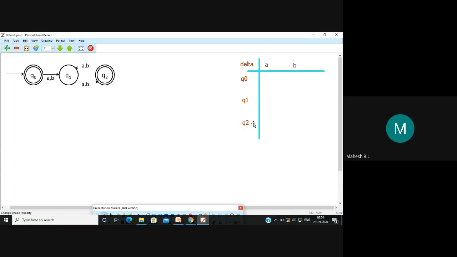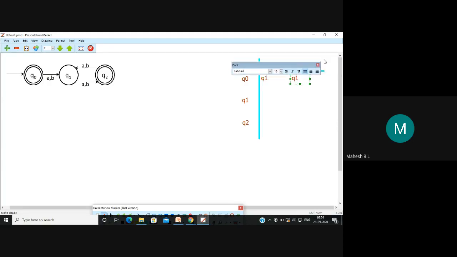Now we need to fill the transition table. So Q0 on A, as you can see, the transition is to Q1. Then Q0 on B, the transition is again to Q1.